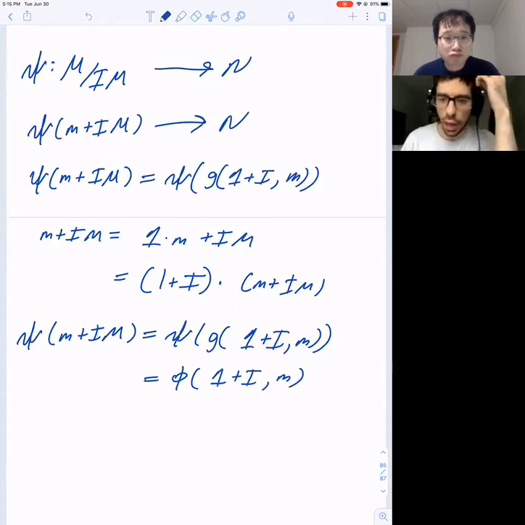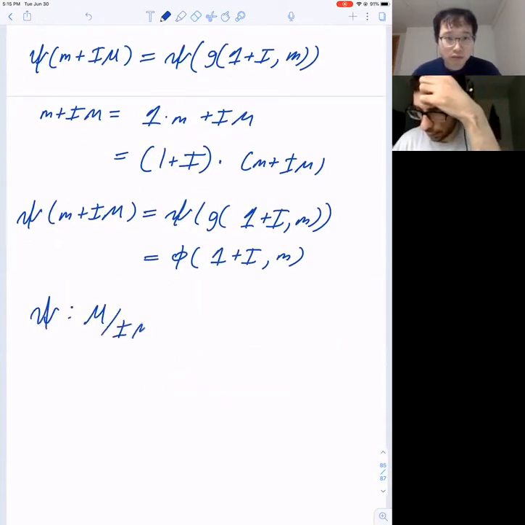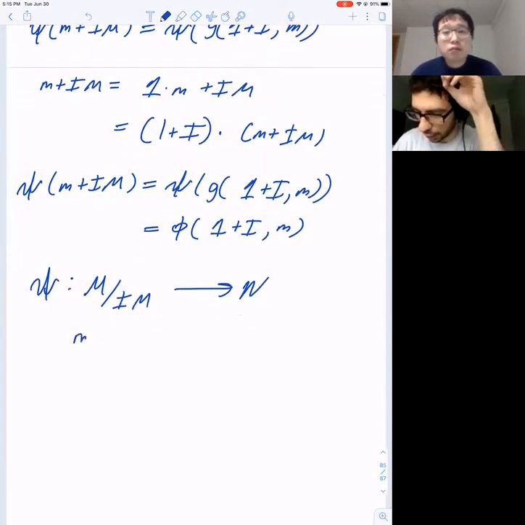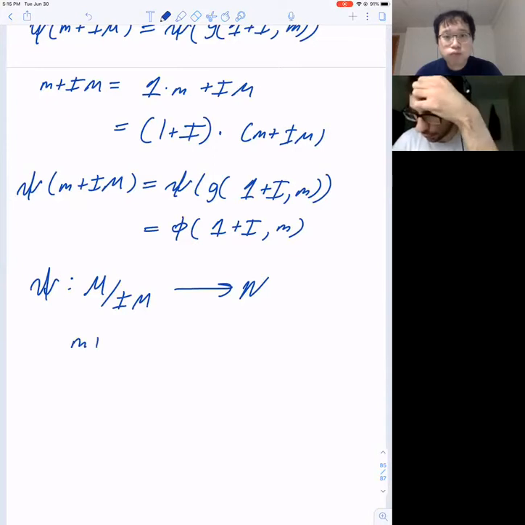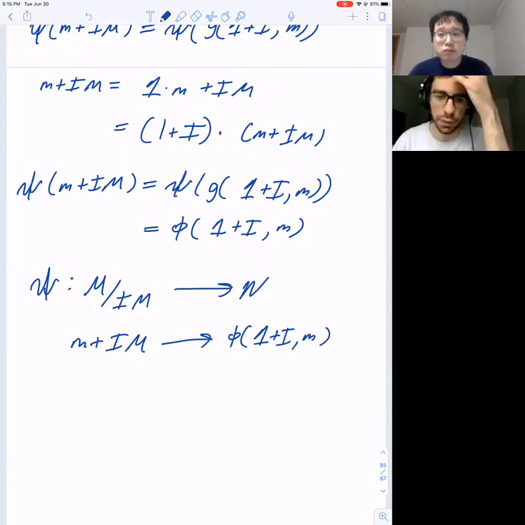And therefore, I'm claiming that psi going from M mod IM to N should be M plus IM goes to phi of 1 plus I, comma M. And that is perfectly correct. This is literally the map that I have.